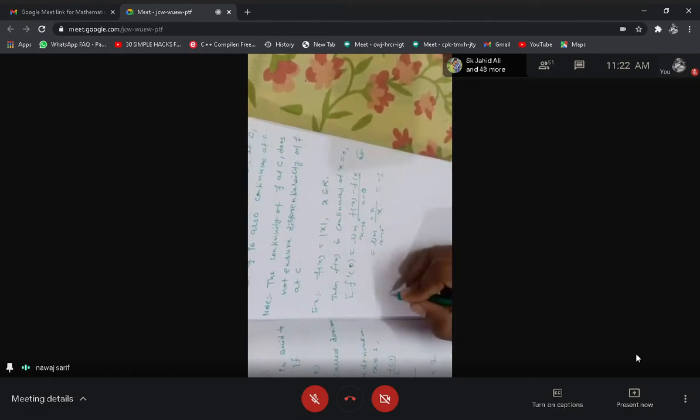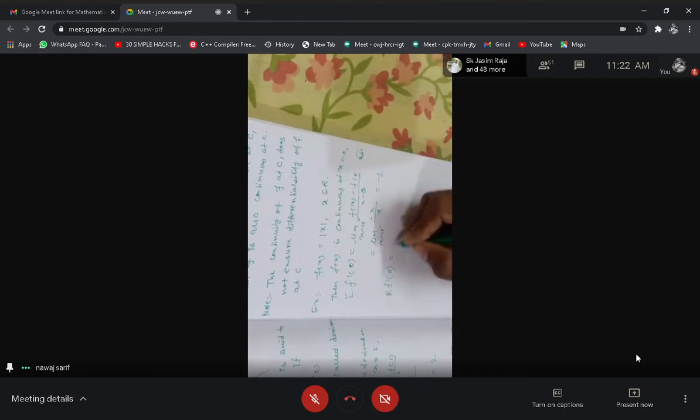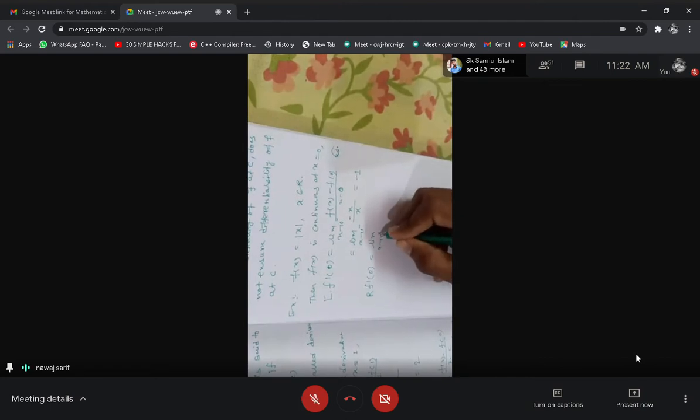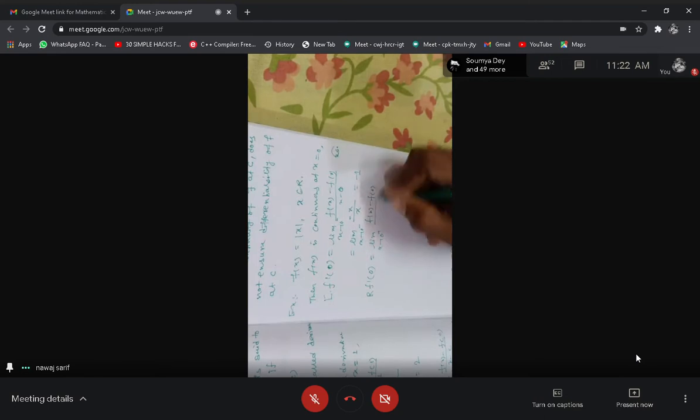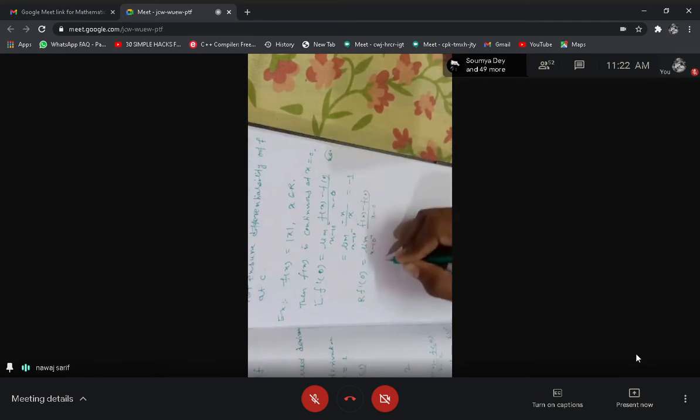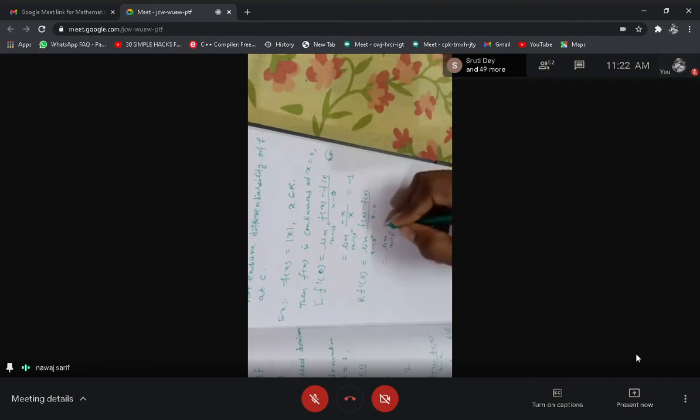Okay, and right hand derivative is what? 1. Right hand derivative is limit x tending to 0 plus of f x minus f 0 upon x minus 0, and this one is limit x tending to 0 plus of x minus 0 upon x. So this one is 1.